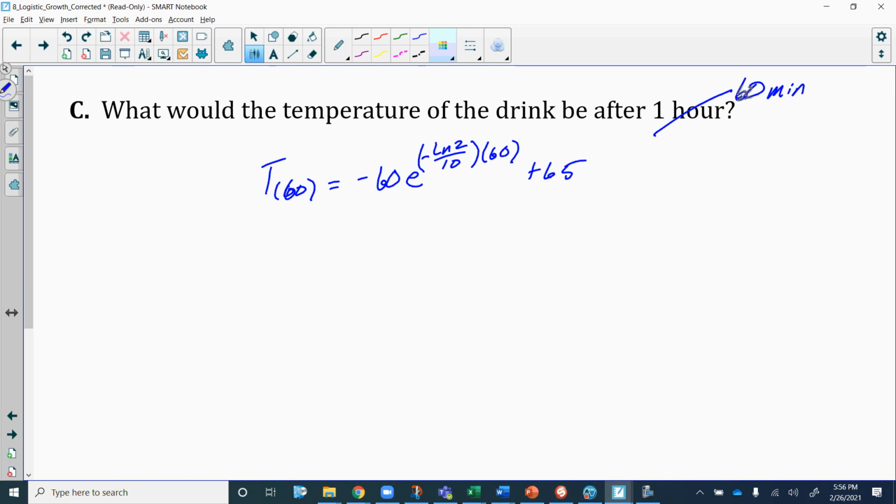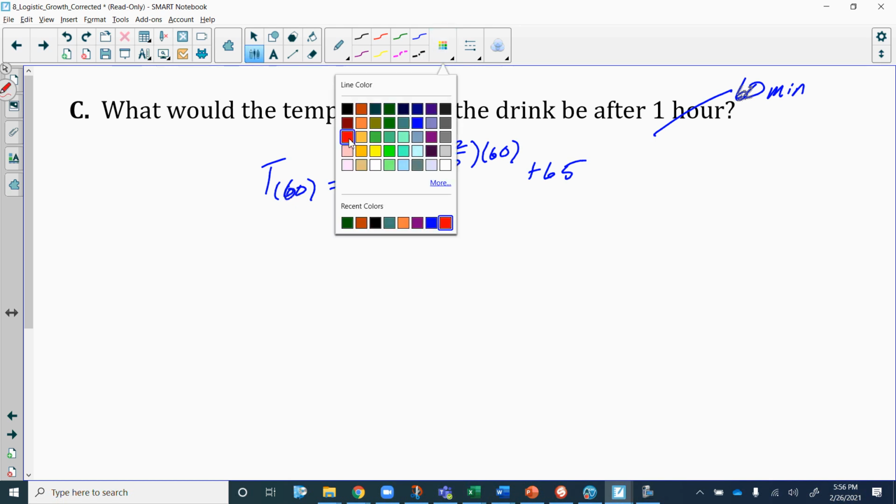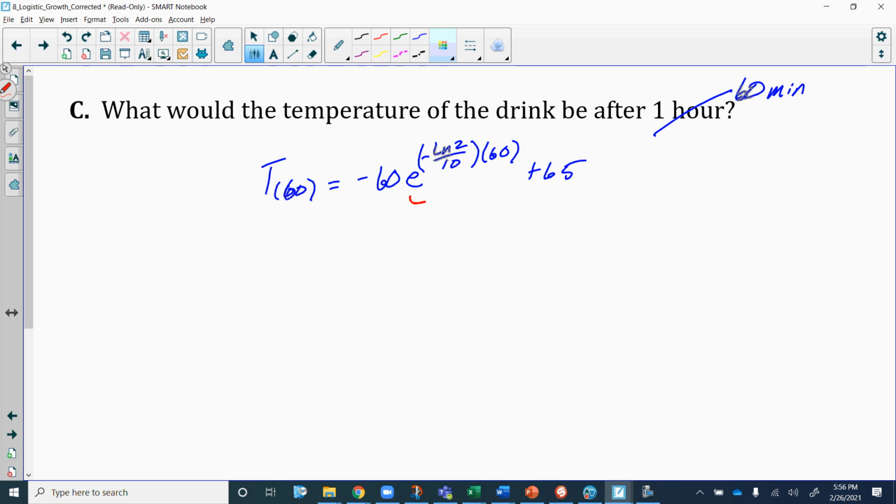We can simplify that if we really want to, or we could just type it into our calculator. If I simplify it here, this is e to the negative 6 natural log 2, which would be e to the natural log 2, to the negative 6 power.